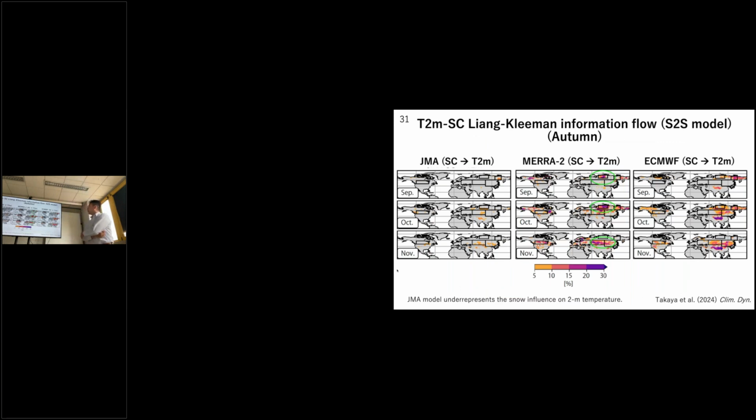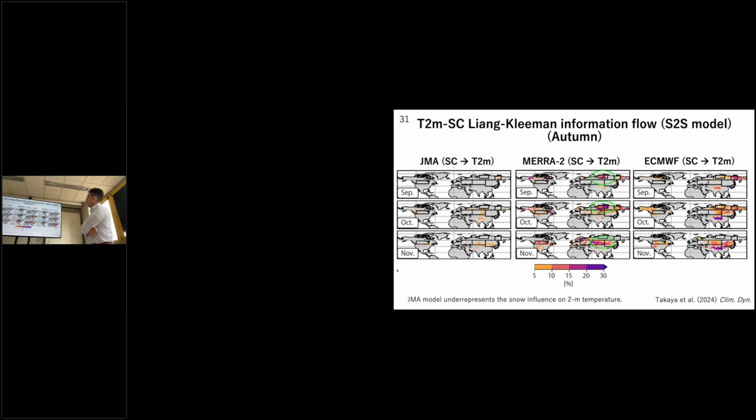We also looked at the results of the S2S models. These results are from the WWRP, WCRP S2S project, and we compared. Here I'm showing the results for JMA and ECMWF models, but we also analyzed the CMA model as well.